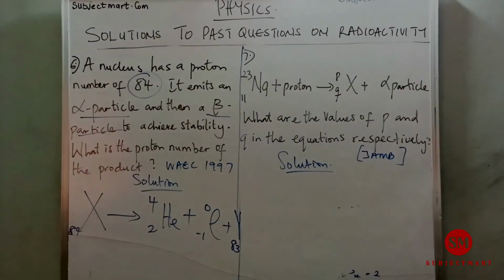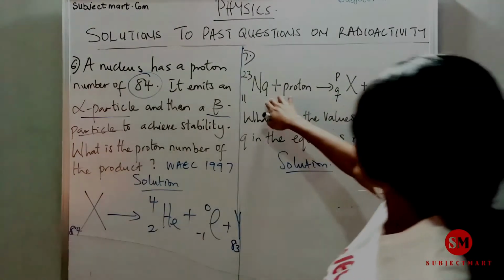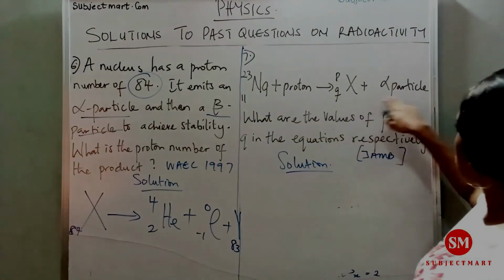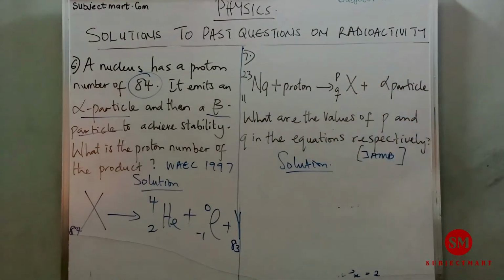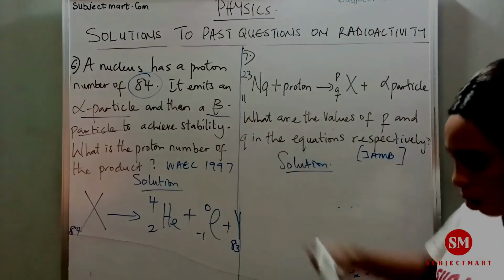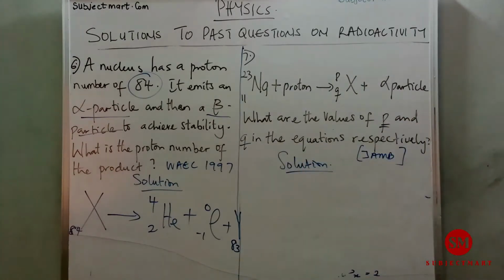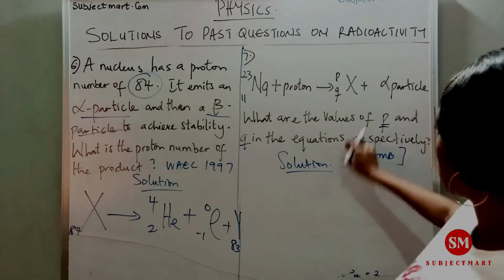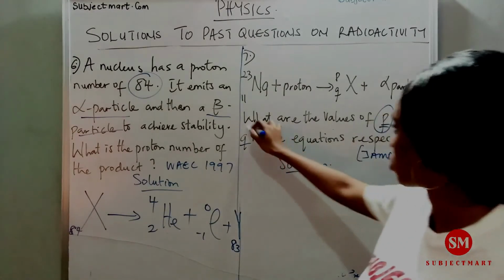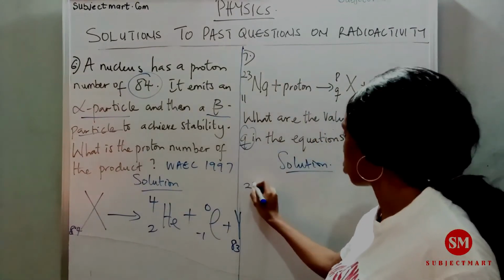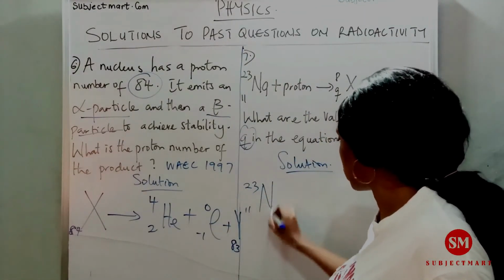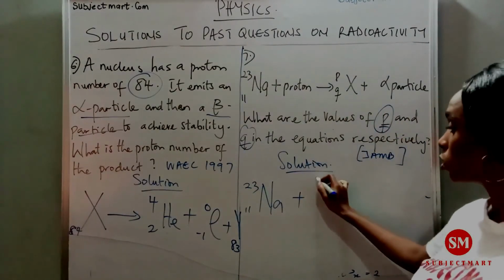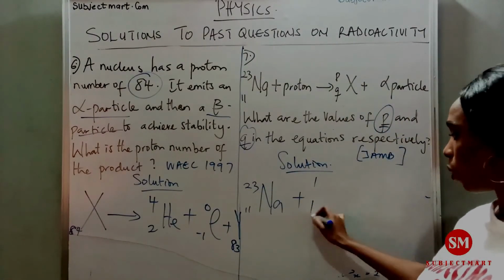To the next question, we have this sodium plus proton to give us this. Now we are asked to find P and Q. What are the values of P and Q? So the solution to this, we are asked to find P, we are asked to find Q. I have 23 over 11 Na, and I have this, plus proton. Proton means 1 mass number and 1 atomic number.